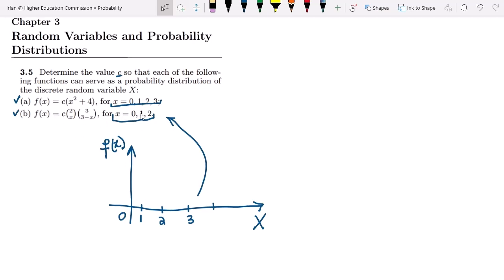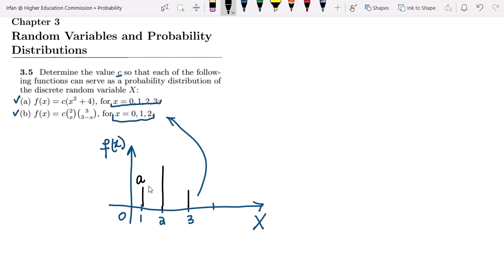Before solving questions like this one, let me tell you one supposition, one thing which you must keep in mind. Suppose we have a probability function here.